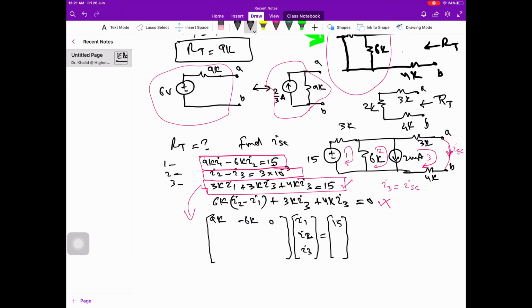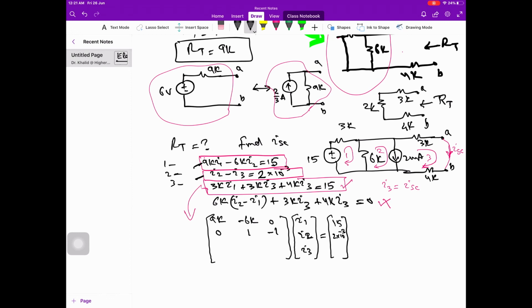The second equation is 0, the coefficient of I2 is 1 and I3 is minus 1, and the right hand side is 2 milliampere. Sorry, here I have made a mistake, it was 2 milliampere.